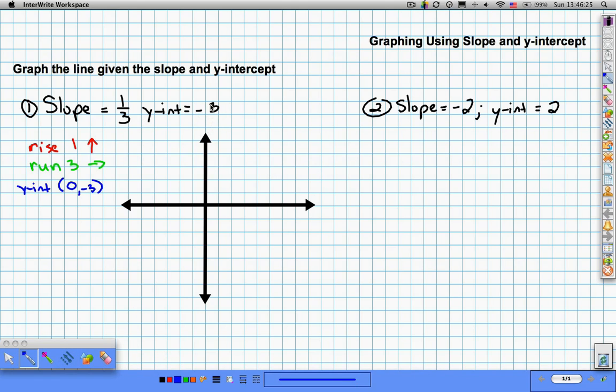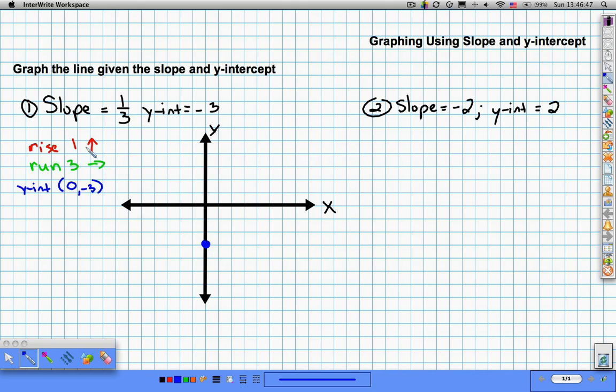This is our starting point, so we can plot this. I'm going to make my y and my x-axis both go by ones. To plot my y-intercept, I'm going to go down to -3. So 1, 2, 3. Here's my y-intercept right here.